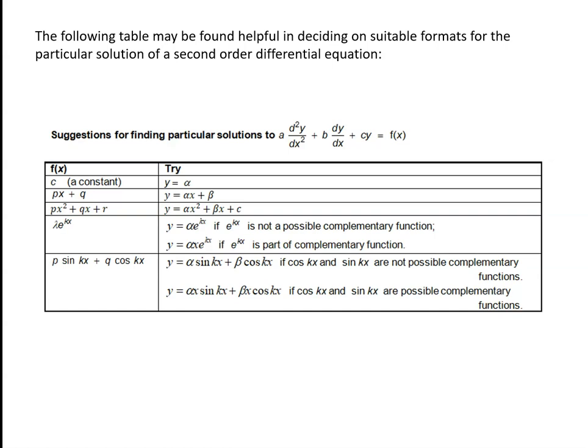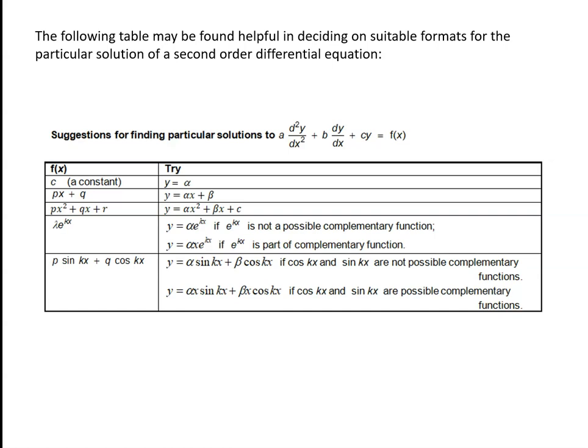So if f of x is a constant, just try y equals a constant. If f of x is a linear function, just try y equals alpha x plus b, in other words, another linear function. If f of x is a quadratic, try y as a quadratic.